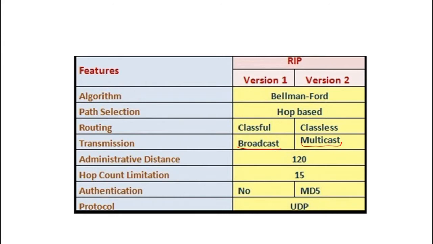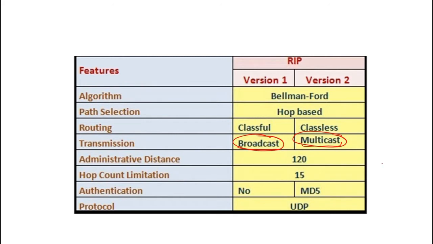This communication I'm talking about is for routing updates only, not for the traffic. Traffic is as usual unicast only. But for the routing updates or management purposes of RIP, version 1 uses broadcast for signaling, and RIP version 2 uses multicast to collect all the routing information.